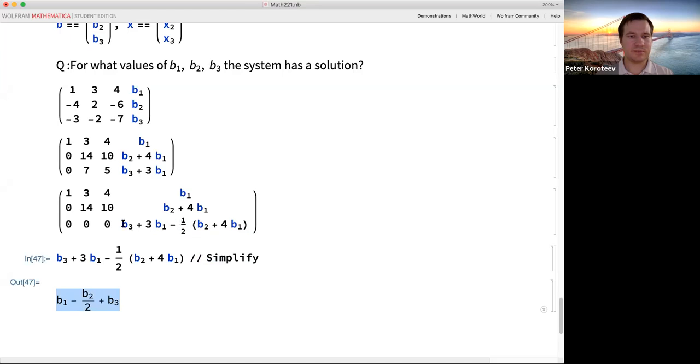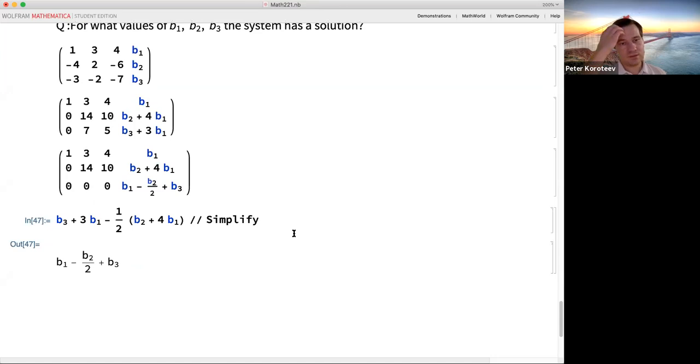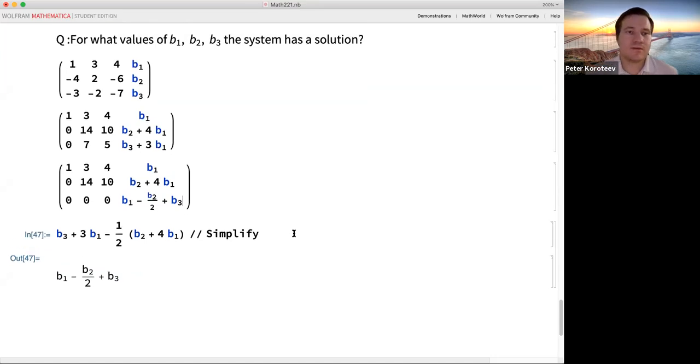Right? Good job. Now, how do you answer the question in the problem? For which values of b1, b2, b3 does the system have a solution?